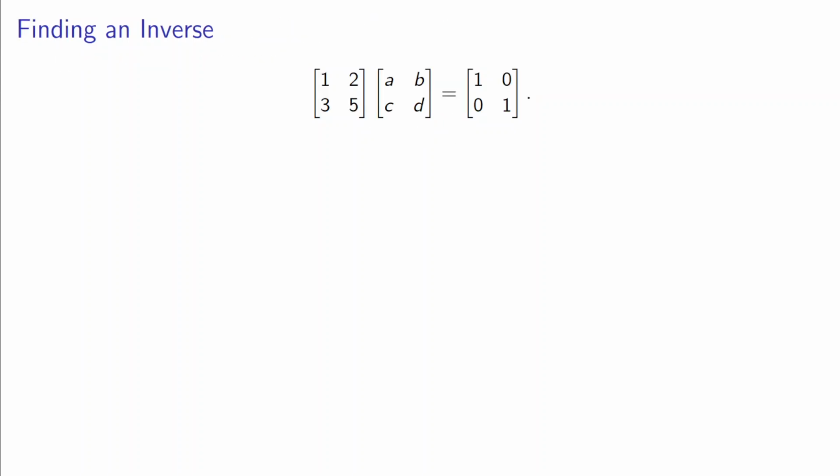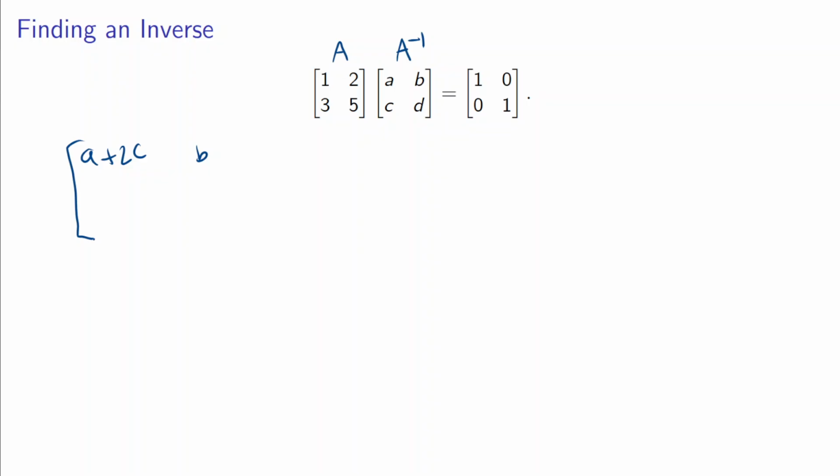Okay, so we have 1, 2, 3, 5 times a, b, c, d. When we do that multiplication out, we would get a plus 2c. This is a 2 by 2 matrix, right? If I'm multiplying A times what I'm hoping to find, this A inverse would be a 2 by 2 matrix.